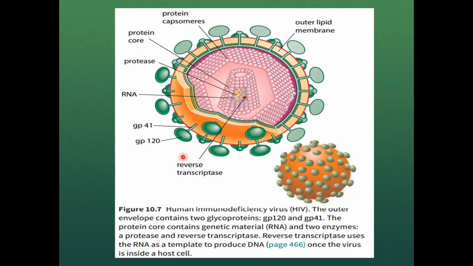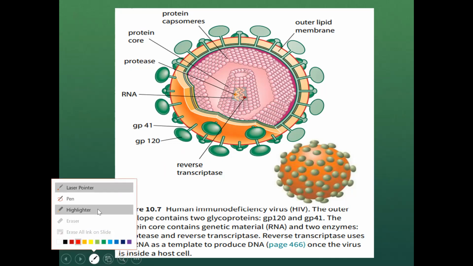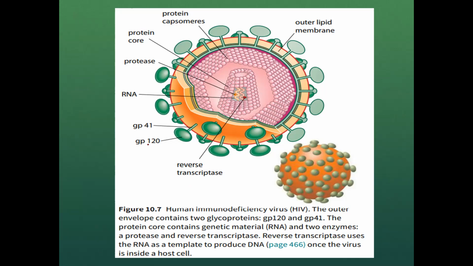And it is this reverse transcriptase, if you can recall from chapter 6, when protein synthesis has to take place, first DNA undergoes transcription, and then messenger RNA is formed.